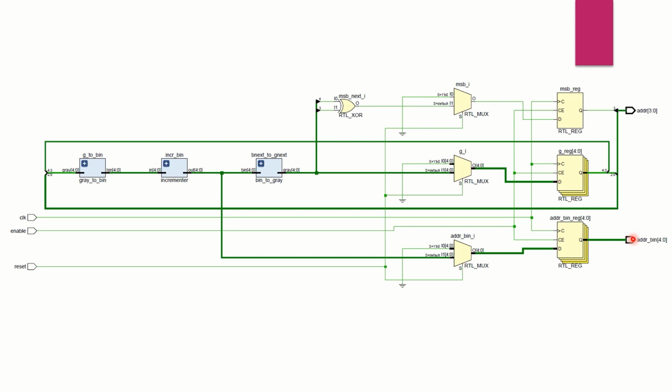Therefore, we need to use a special type of gray code sequence instead of the usual one. In the usual one, after the value 01000, the last 4 LSBs go in reverse. We do not want that. We want the pointer to go to the 0th address again. That is, after the value 01000, we want the pointer to go to 10000.